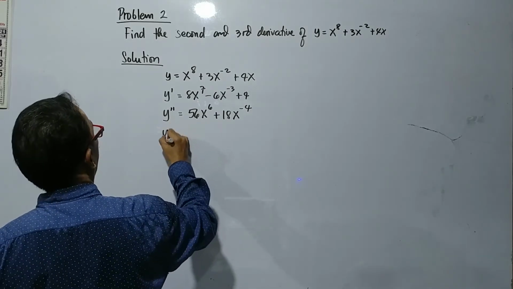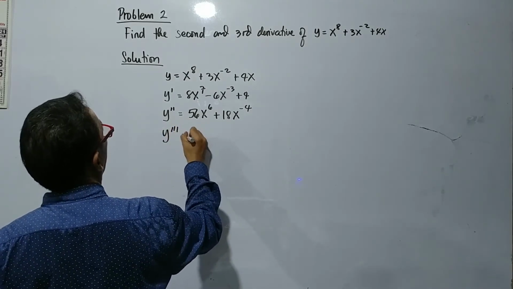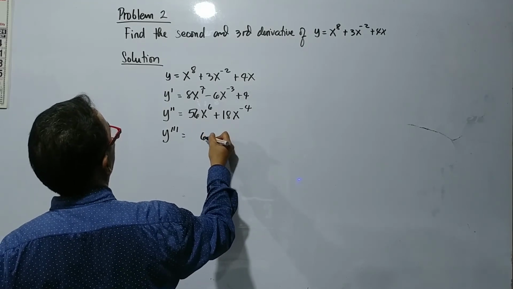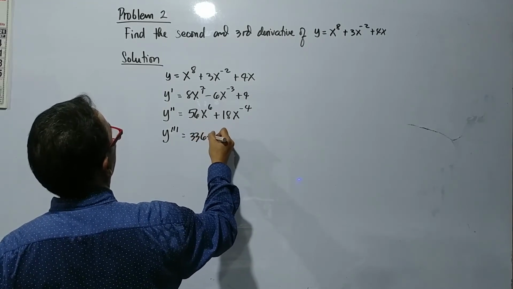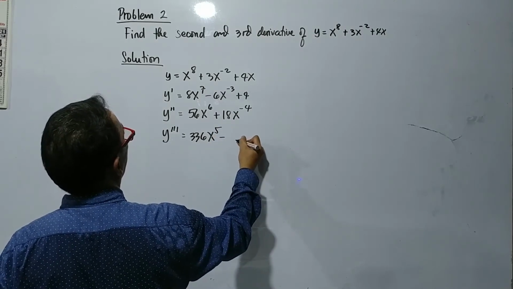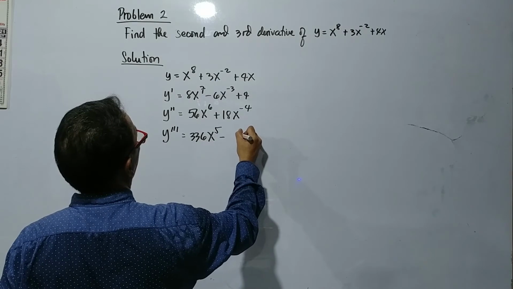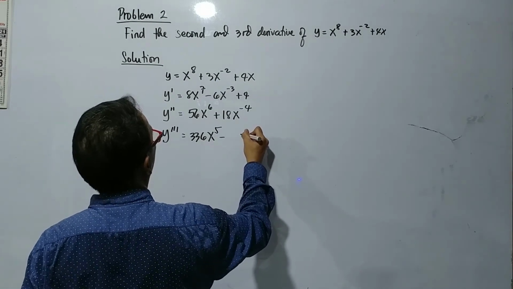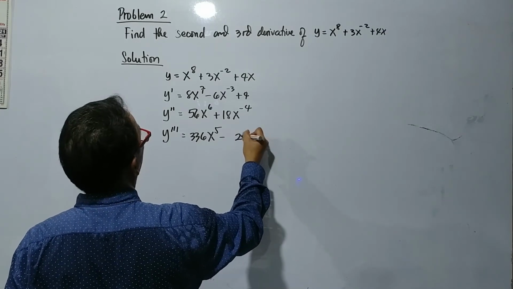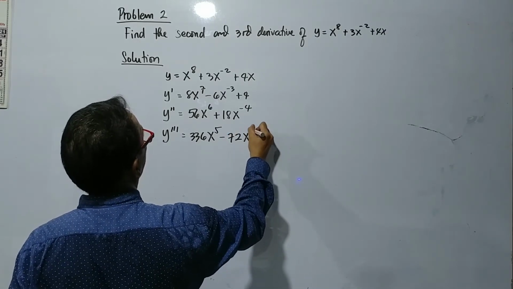Our third derivative is 336x to the fifth minus 72x to the negative 5.